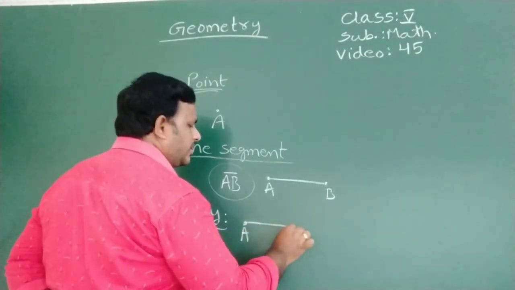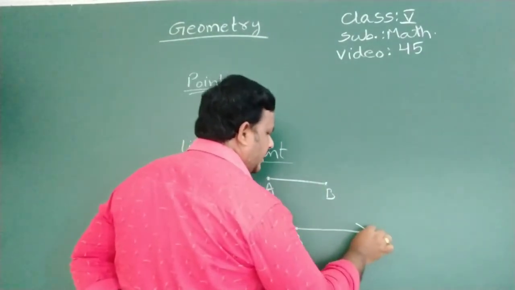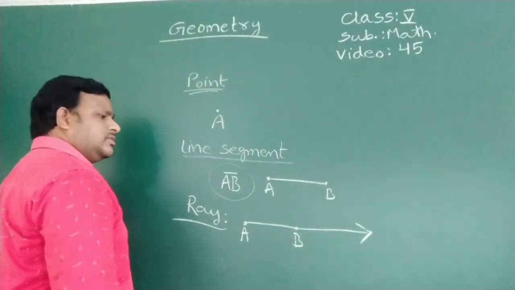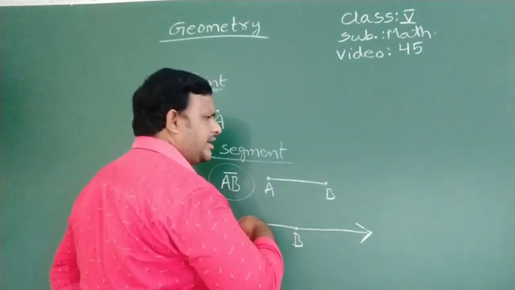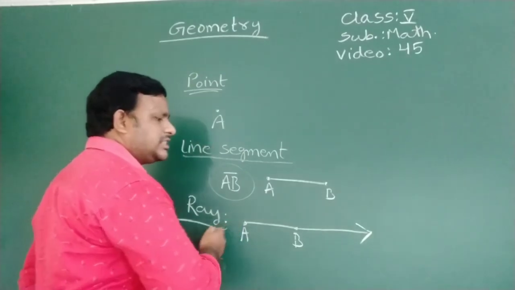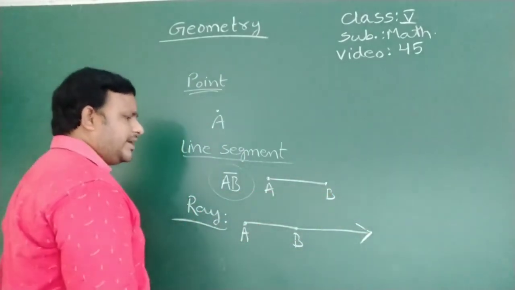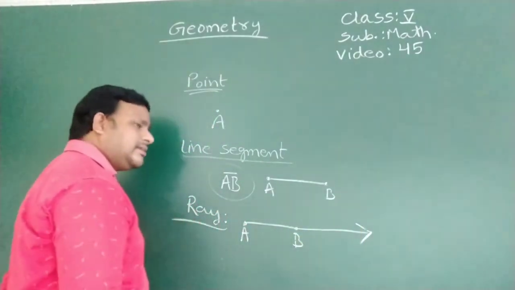First of all, I am going to extend this right side like this. This arrow mark indicates we can extend infinite length. From point A, the extension is possible towards the right side. So that's why this is called a ray.